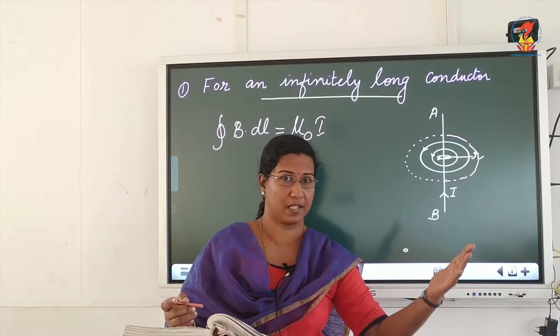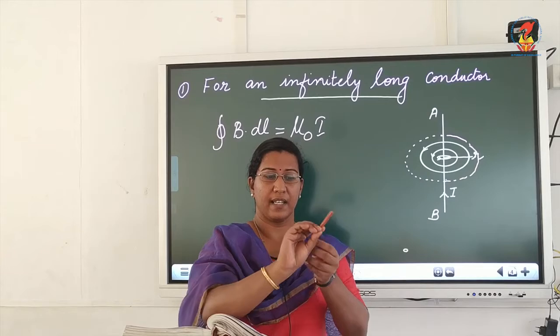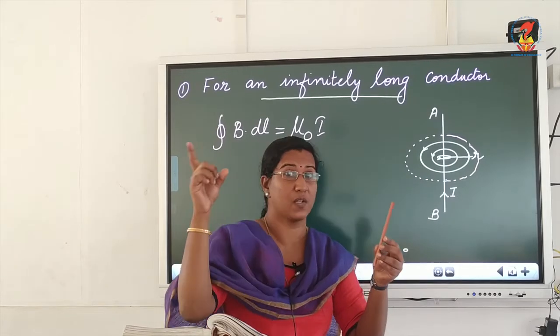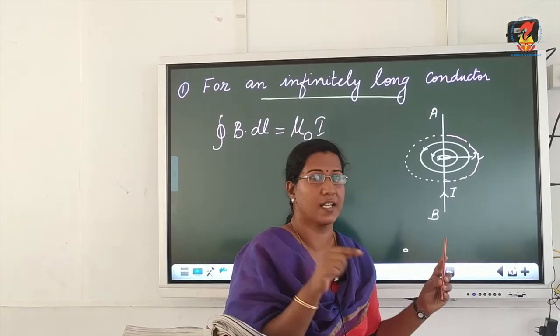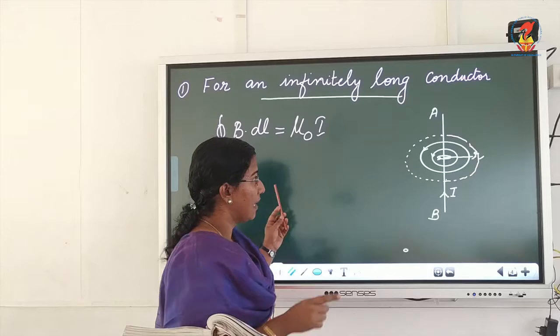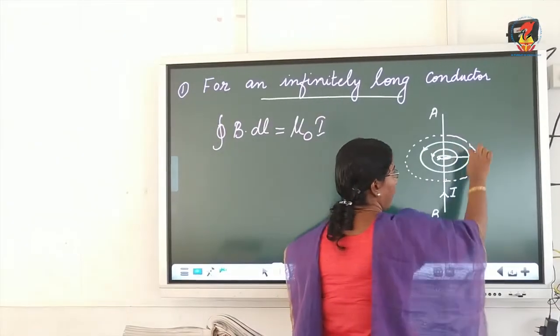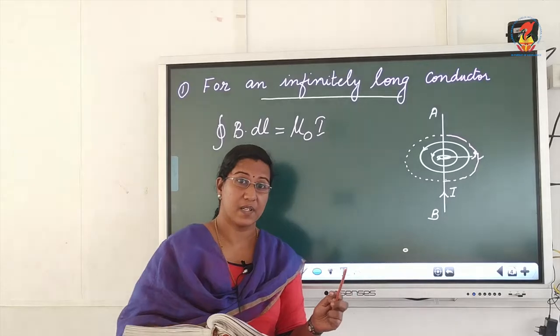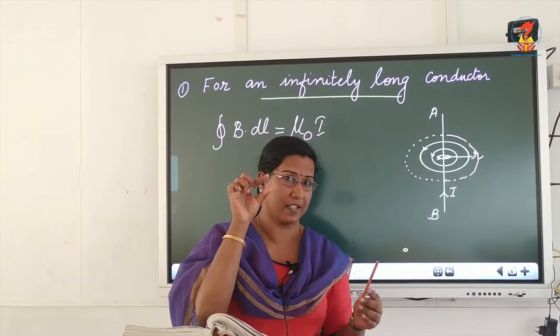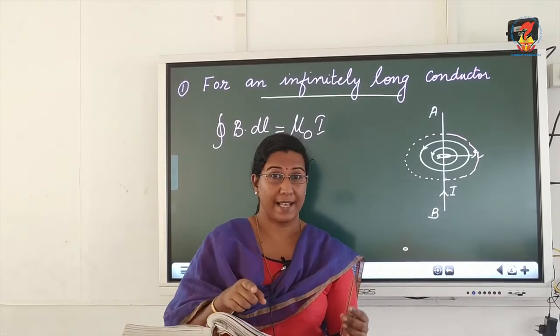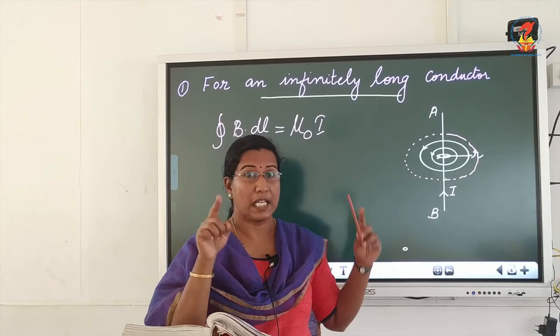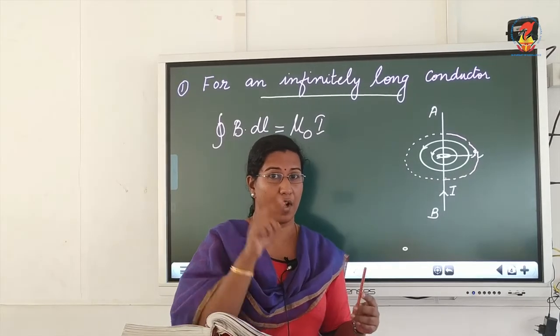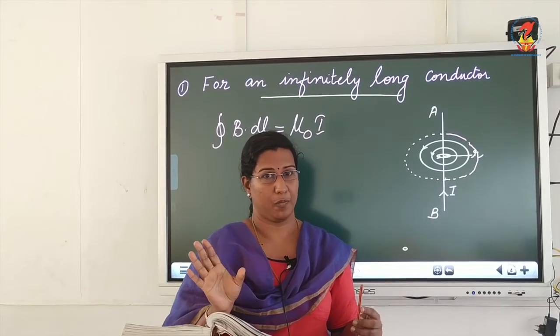But here there is a slight difference. In Biot-Savart's law, dl represents a small portion of the conductor, whereas in Ampere's Circuital law, dl represents a small portion of our Amperian loop.